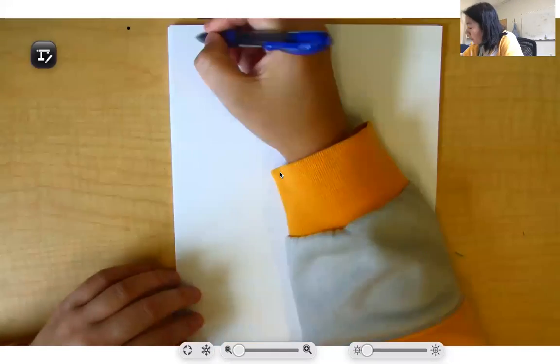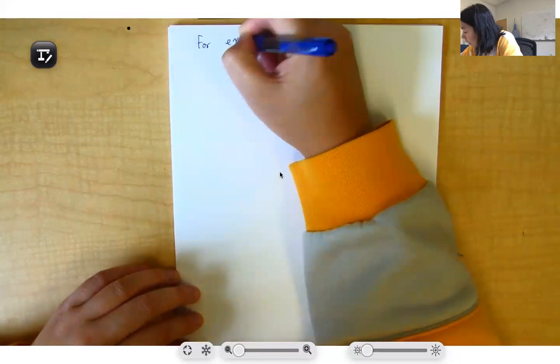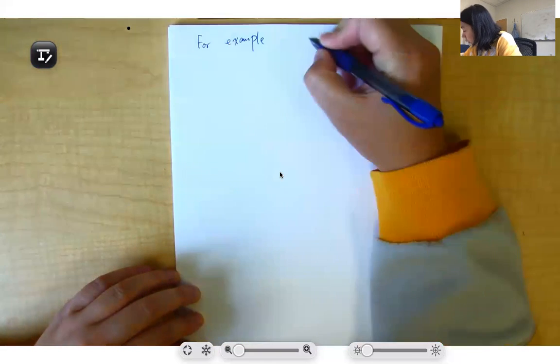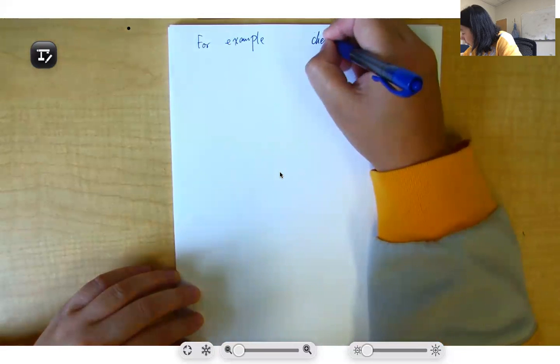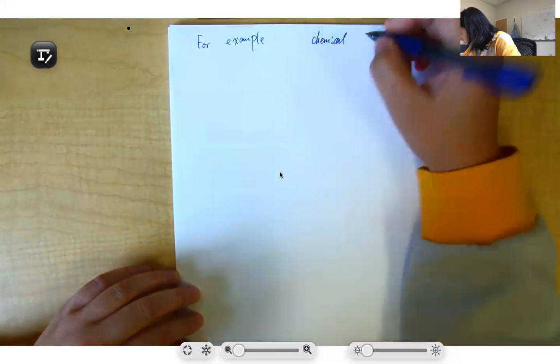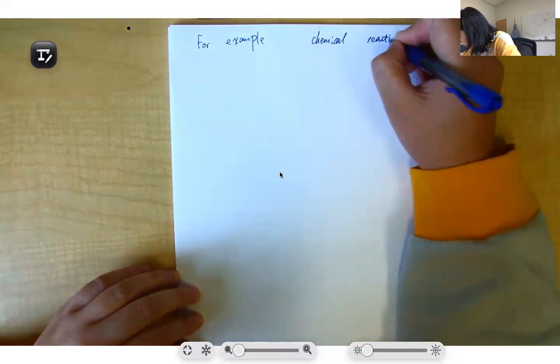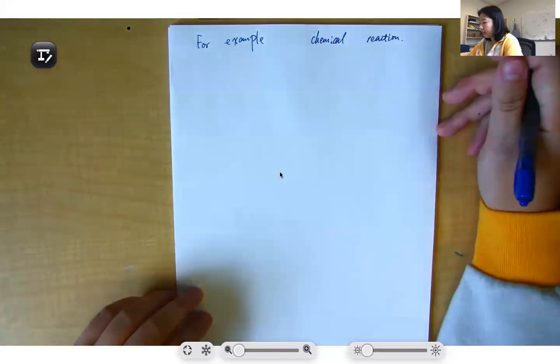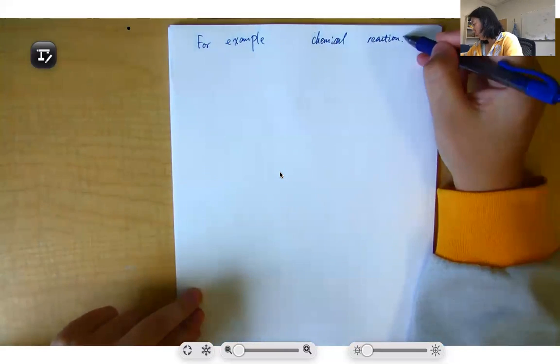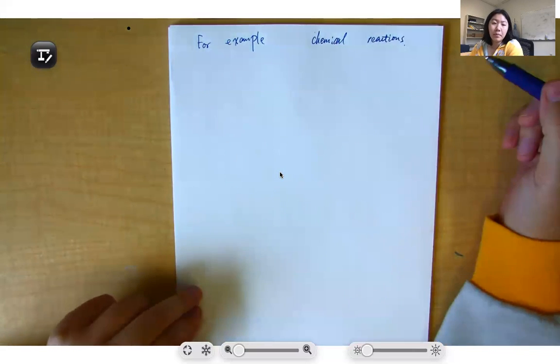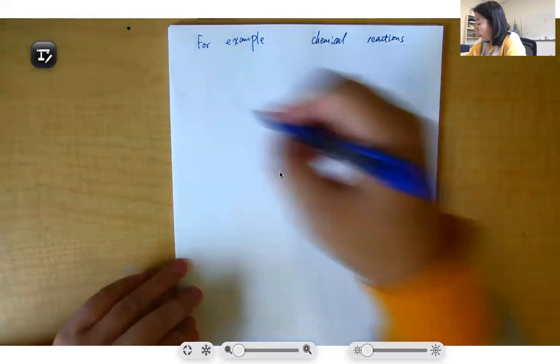For example, for chemical reactions. Okay, for chemical reactions, let's make a reaction, which can be complex, can be simple. Let's make 4 species.